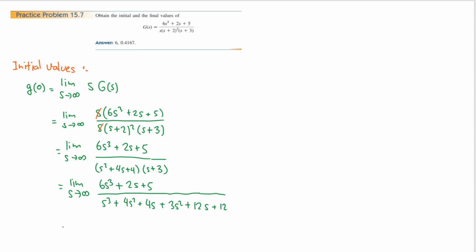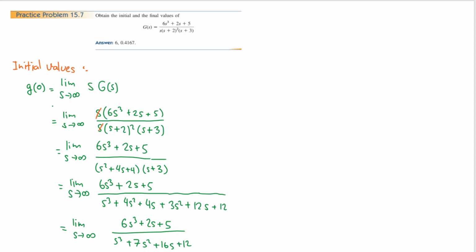Let's simplify the denominator. We get 6s to the third power plus 2s plus 5, divided by s to the third power plus 7s squared plus 16s plus 12.